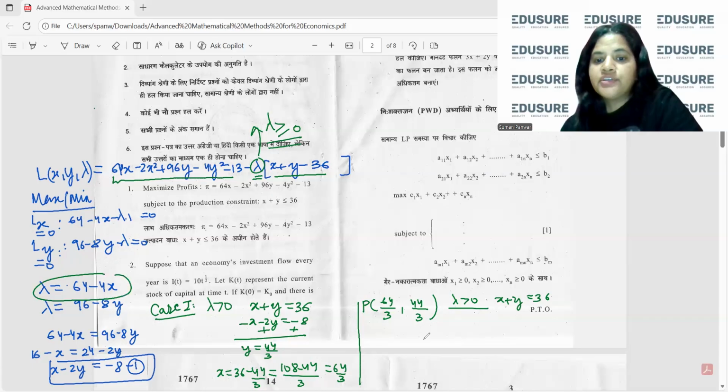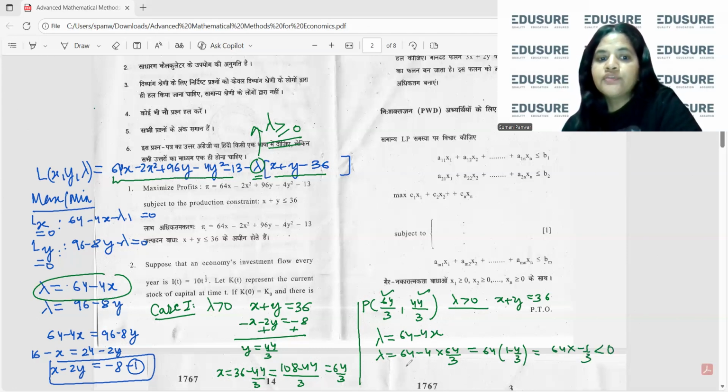Lambda is equal to 64 minus 4x, so 64 minus 4 times 64 by 3, which is 64 into 1 minus 4 by 3, which is 64 into minus 1 by 3, which is negative. So lambda is coming out to be negative. So we do not have a solution in case 1. There is no solution which will give us maximum of profit in this case.